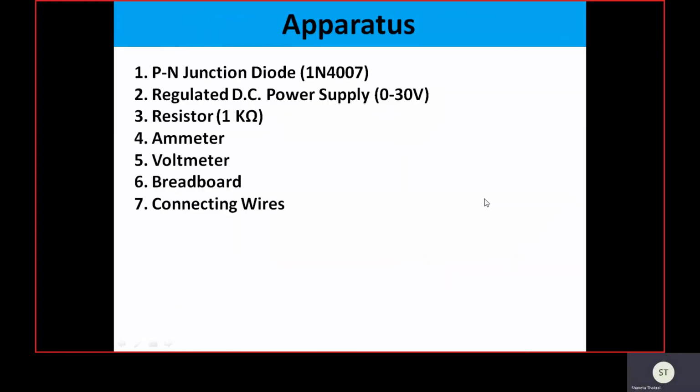To perform this experiment, the apparatus we are going to use is the PN junction diode.